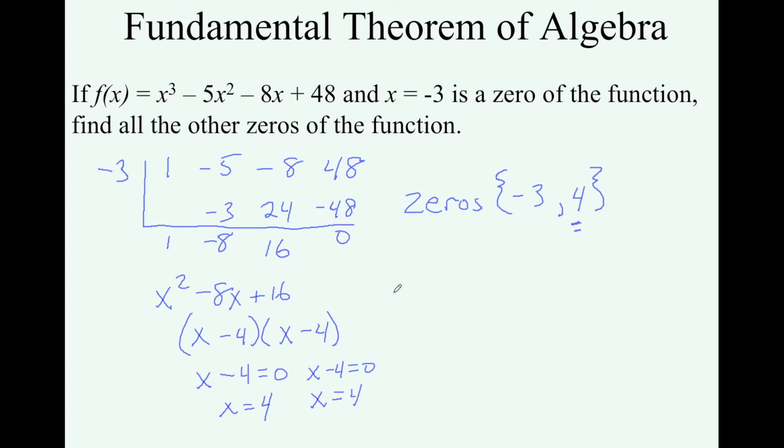Okay, so if I want to write this out in factored form, the equation in factored form, all right, it's going to be f of x equals x plus 3 and x minus 4 times x minus 4.